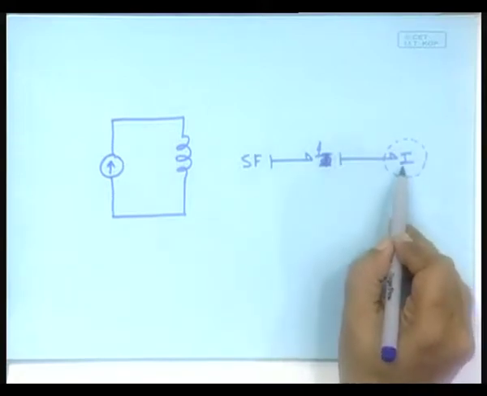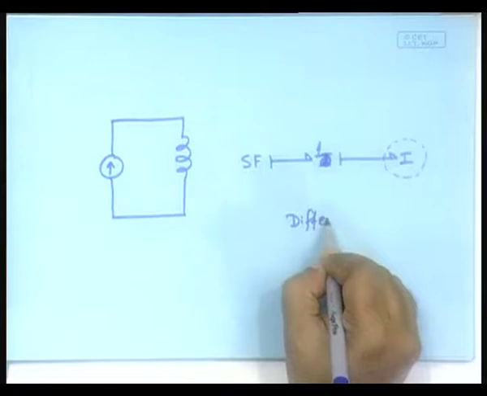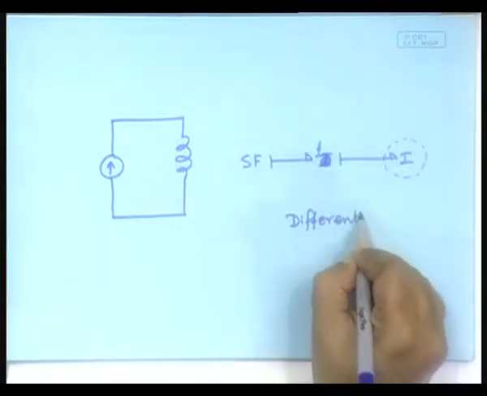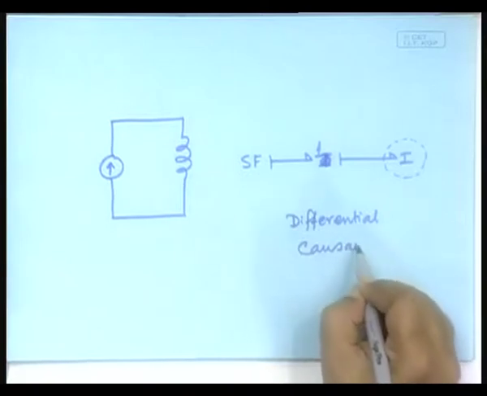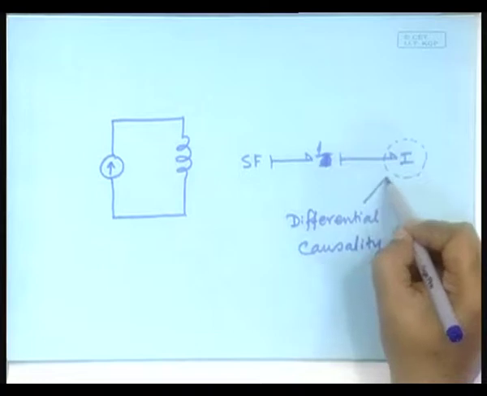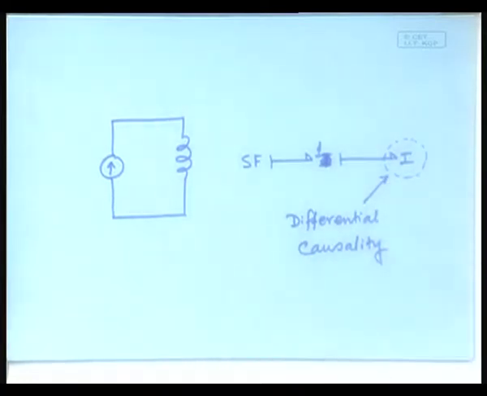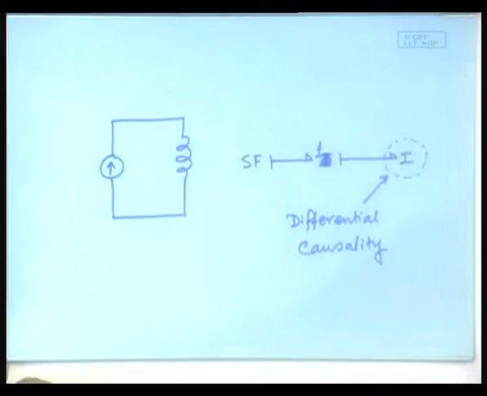In such cases we will say that it is differential causal. It is differential causality here, because the integral relationship that we wrote here will not hold in this case.